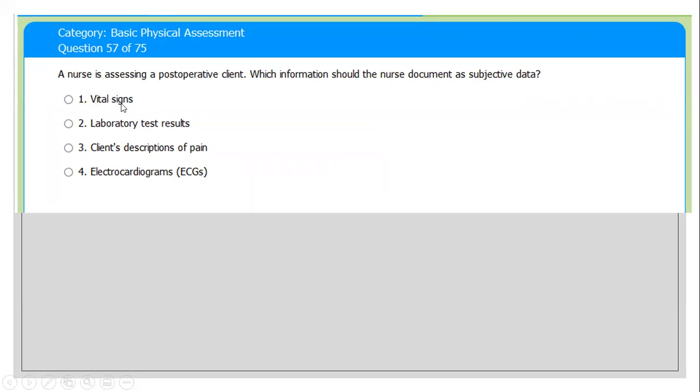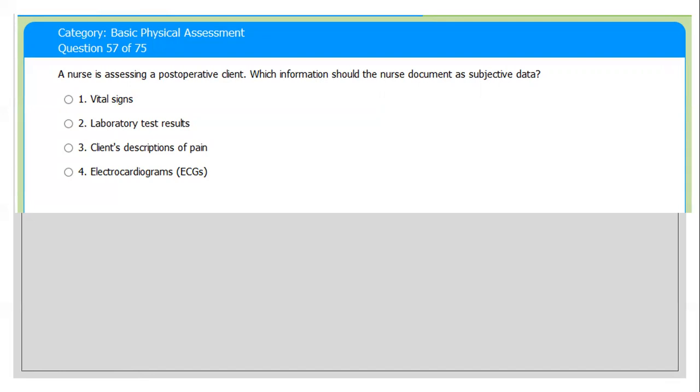Vital signs, laboratory tests, client description of pain, and also electrocardiogram, EKG. So, subjective data. Subjective data is information from the client's point of view: symptoms, including feelings, perceptions, and concerns, obtained through the interview.